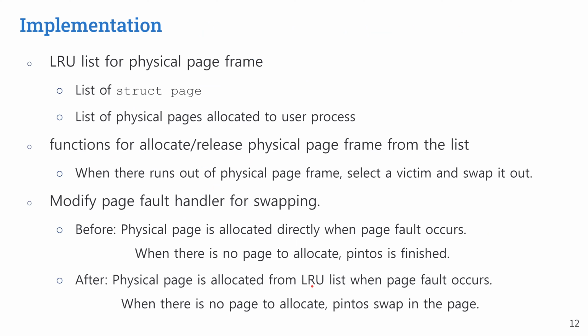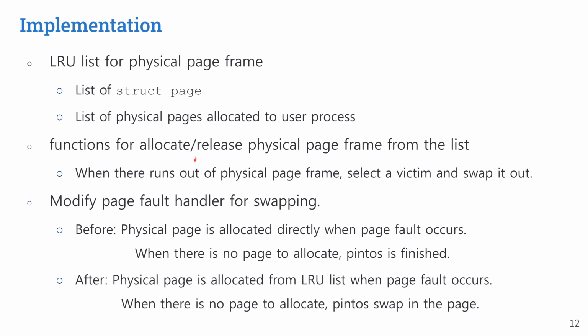So for the implementation of swapping, first you should implement the LRU list for physical page frames. It is the list of struct page. As I mentioned before, you can use any data structure you want for managing the list of struct page. It would be the list of physical pages allocated to the user process.